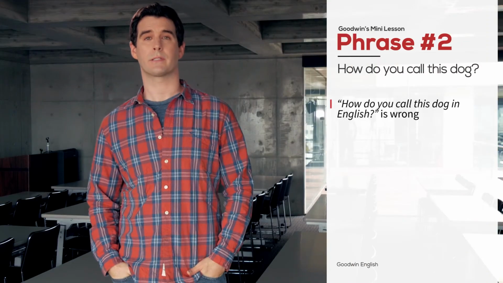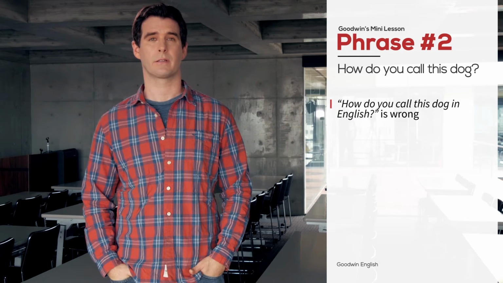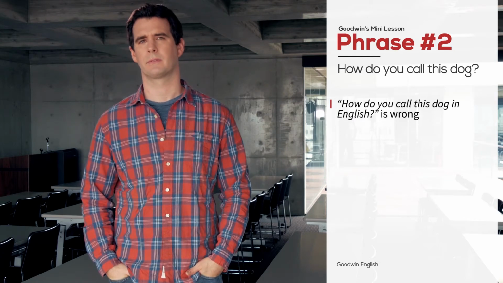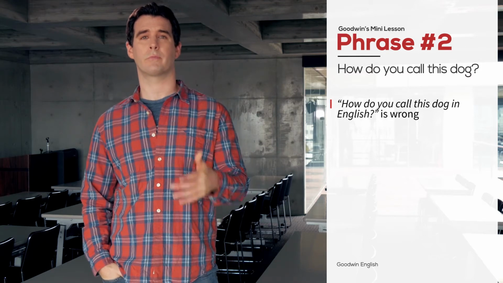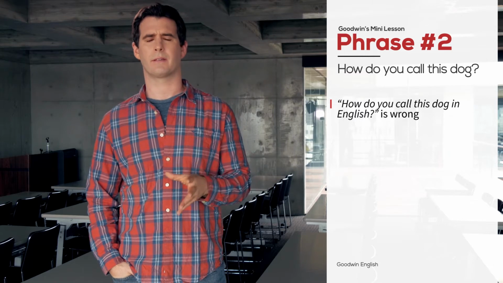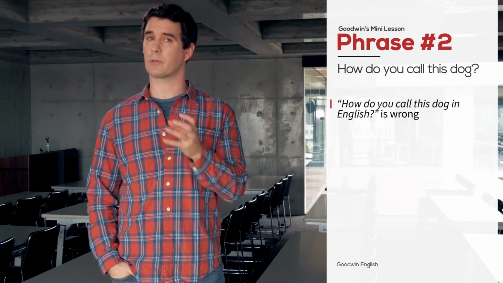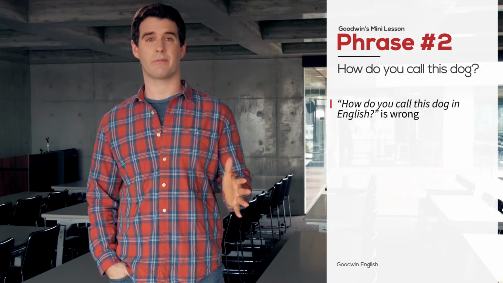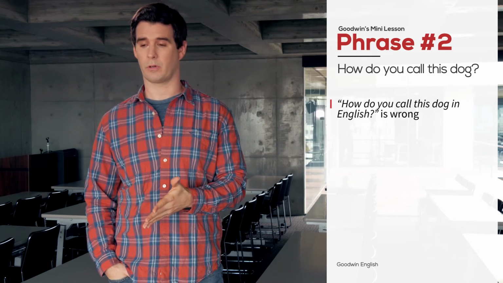Now, we are going to take a look at the phrase, how do you call this dog in English? Let's say that you go to your friend's house, and your friend has a very interesting looking dog. You have never seen this dog before.